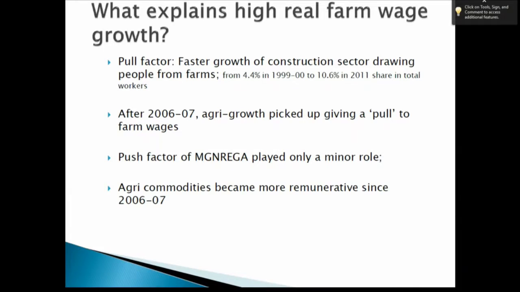Now, what MGNREGA did was, one, it gave an alternate job opportunity to the agricultural laborers, and plus it increased the baseline of the minimum wages that these agricultural laborers got. Third, why these wages went up was that the commodities were selling at better remunerative prices, and so there was an increase in the cost, with a lag eventually going to the labor.